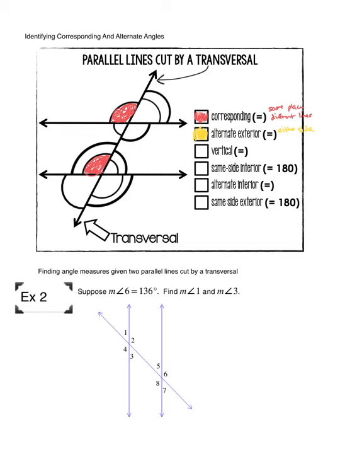So let's find my alternate exterior angles. It's going to be this one. And then the exact opposite is this one. Okay? Those two angles are congruent. See how they are on different sides of the transversal.